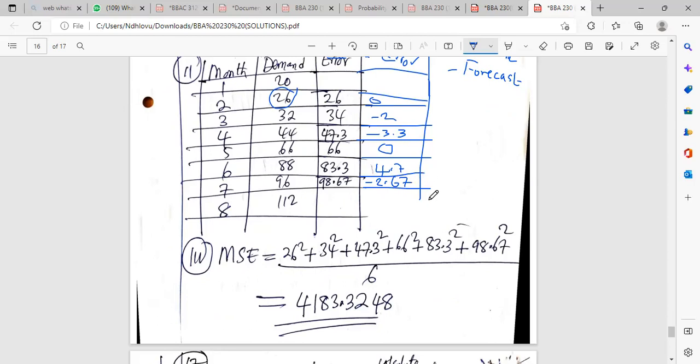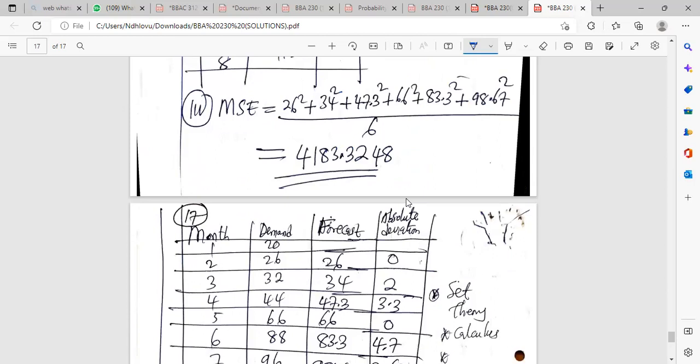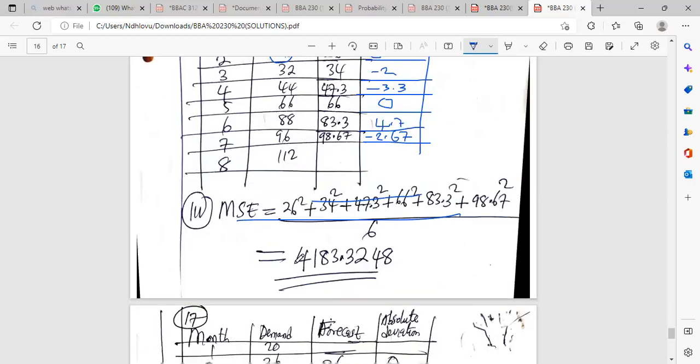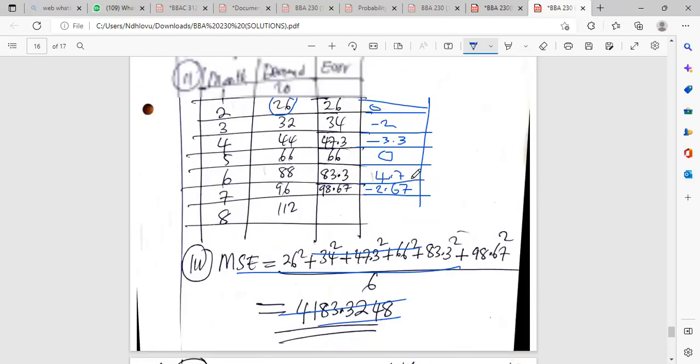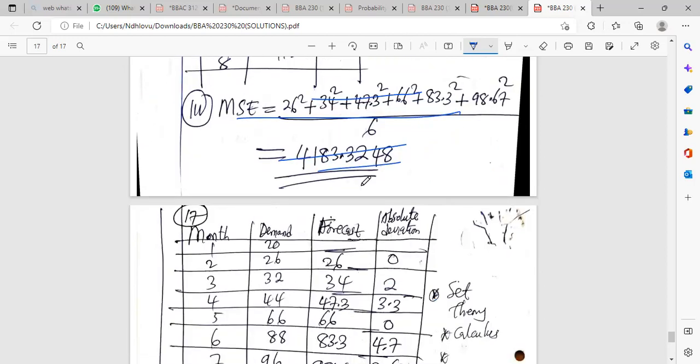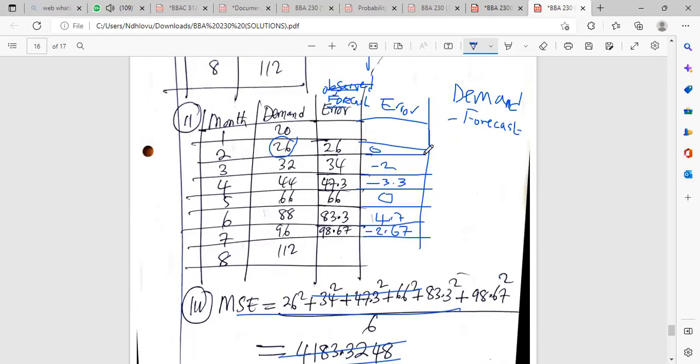Then the last one, number 8. Now the mean square error: we start squaring these errors. So this one should be discarded. The mean square error will be just these errors squared.